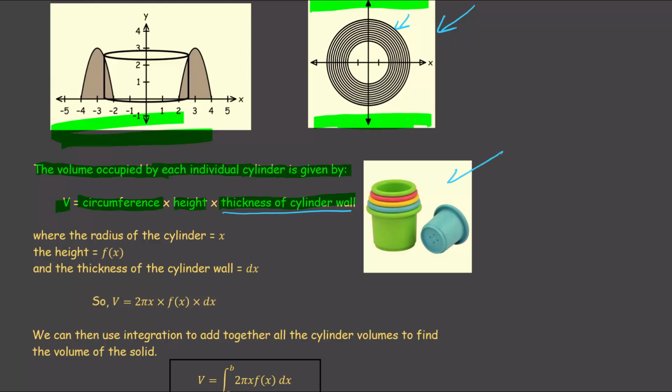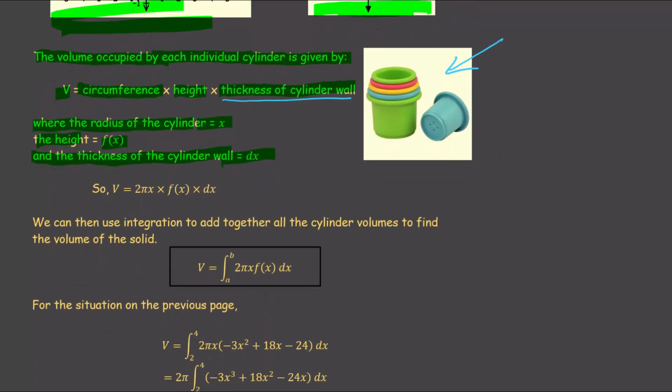So it looks something like these stacked cylinders here, where the radius of the cylinder is x, the height is f of x, and the thickness of the cylinder wall is dx. So we're tending that down towards 0. So the volume is 2 pi x times f of x times dx.